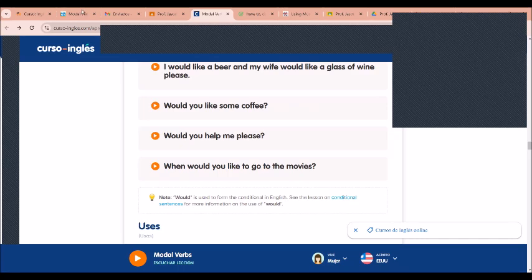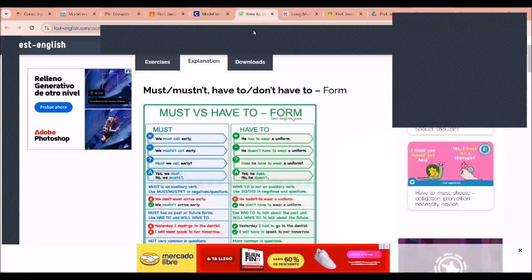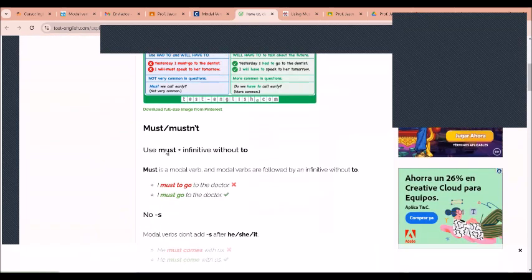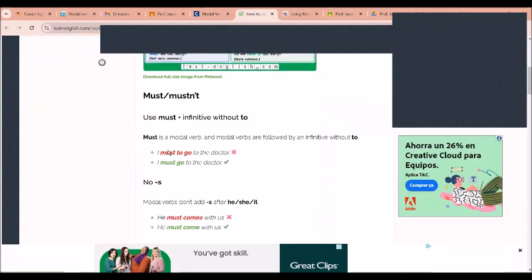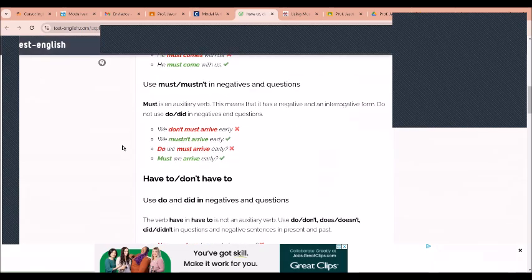Now, our unit looks at should, ought to, have to, and must, right? We didn't really dive into have to so much. So let me show it to you over here. Must and have to are the same, but like the video mentions, the big difference between must and have to is one, it's self that pushes the idea.